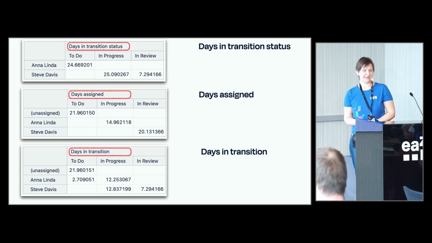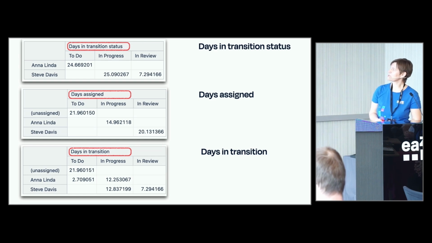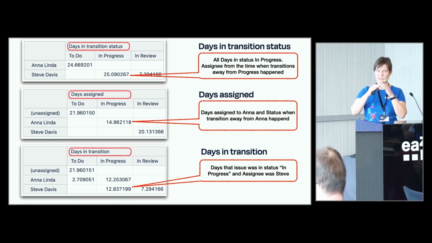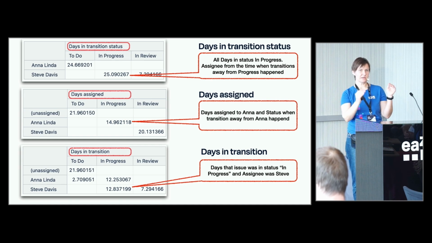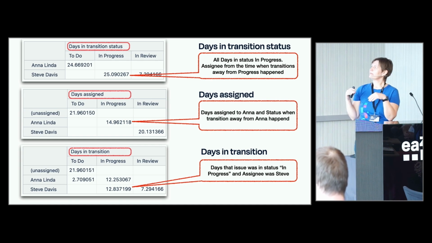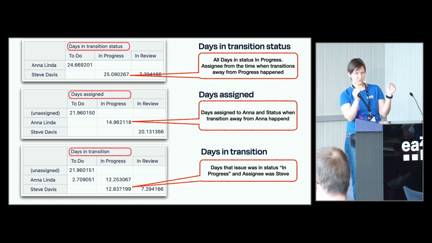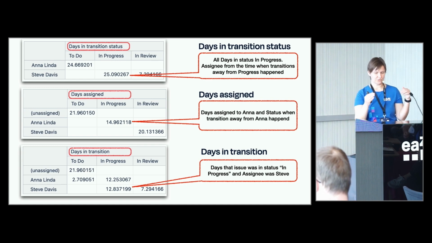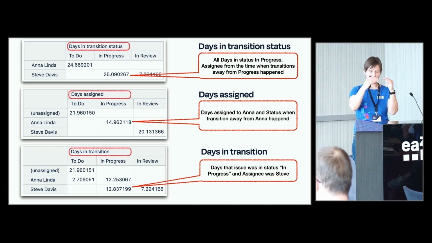However, there are no errors. The difference can be explained by the focus of those measures. Transition status calculates how many days the issue was in one status, and at the end, who was assignee. Days assigned calculates first how many days the issue was assigned to one person, and at the end of that transition, what was the status. And days in transition, the universal measure, looks for the combinations.